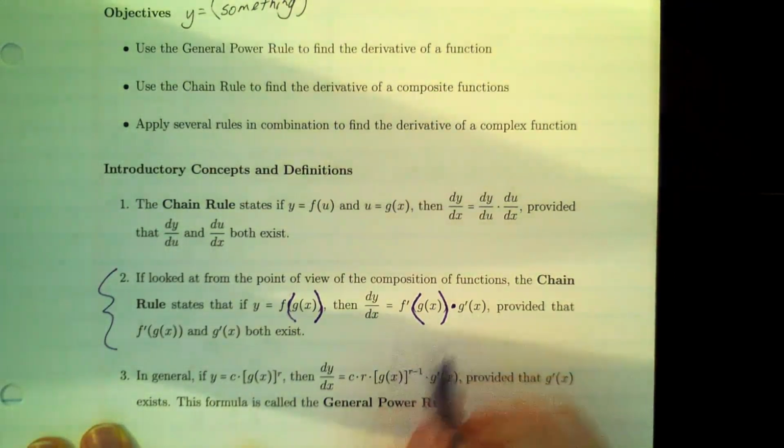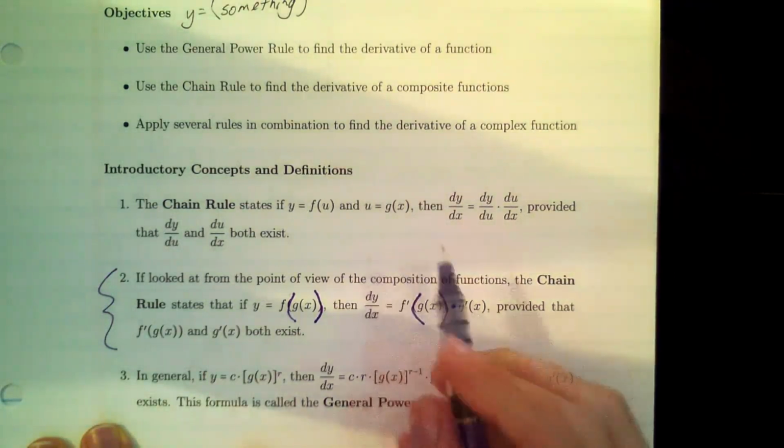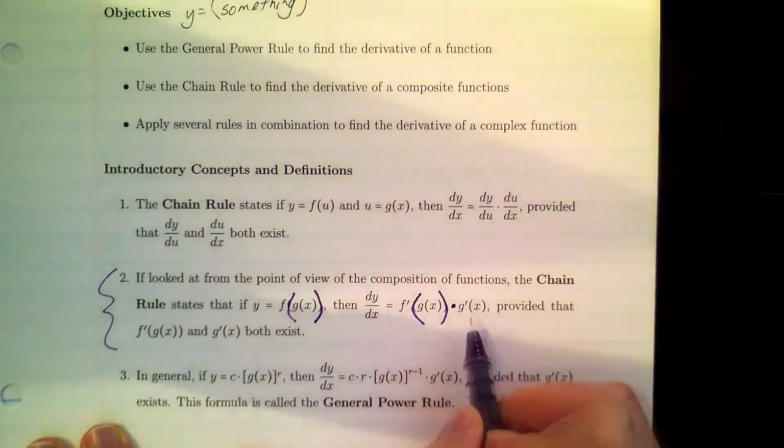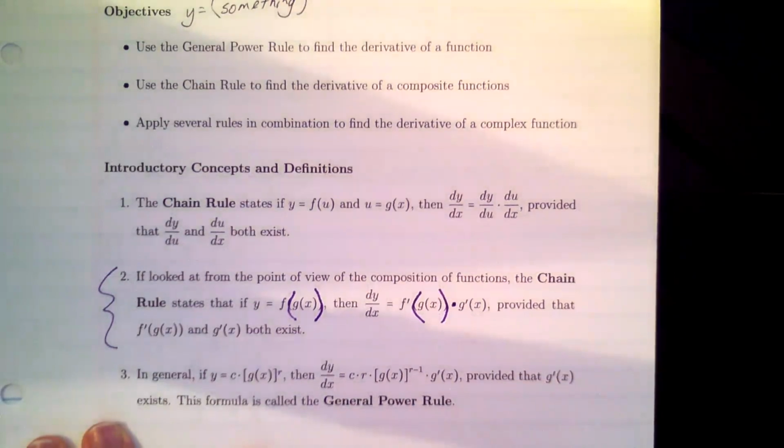Now this is a very symbolic way of writing it, but you take the derivative of the outside function, leaving the inside alone, multiply by the derivative of the inside.